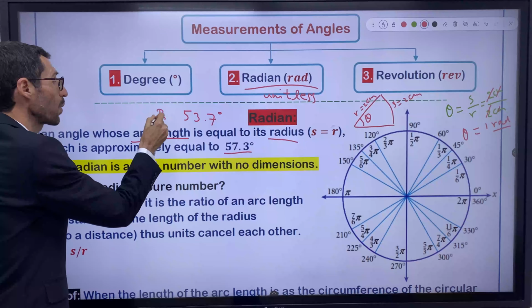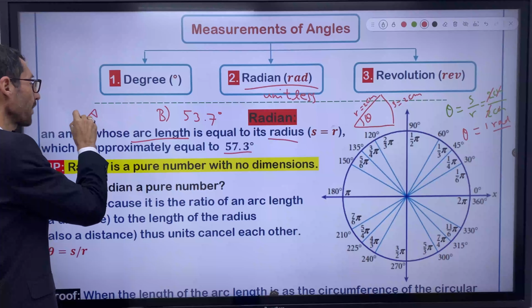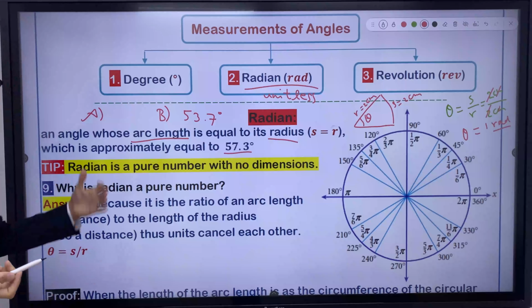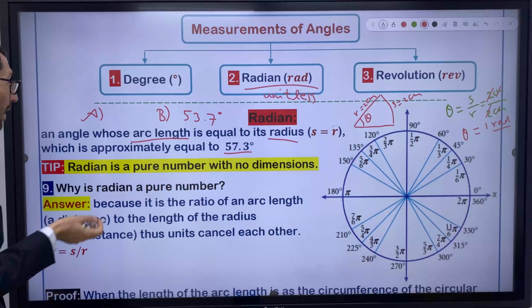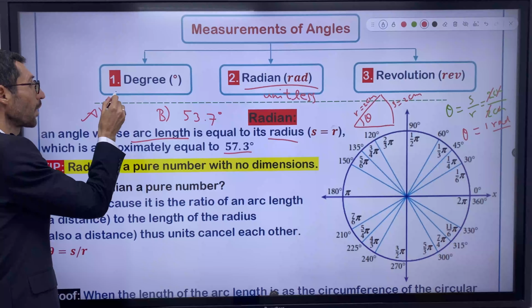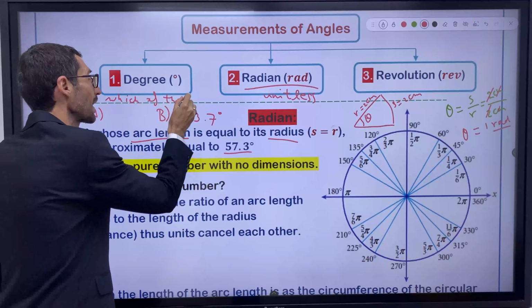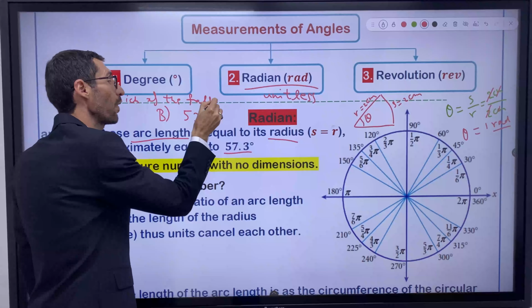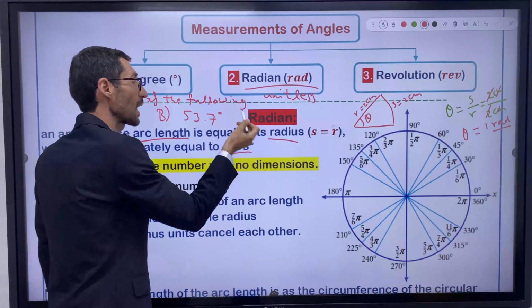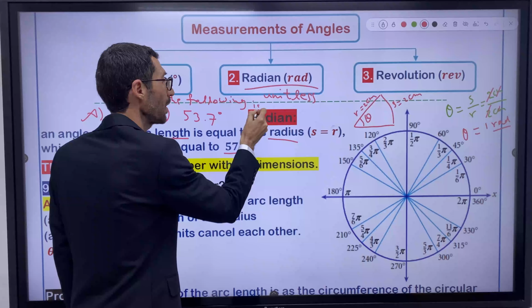For example, this is actually a question from the national exam. Which of the following is equivalent to 1 rad?